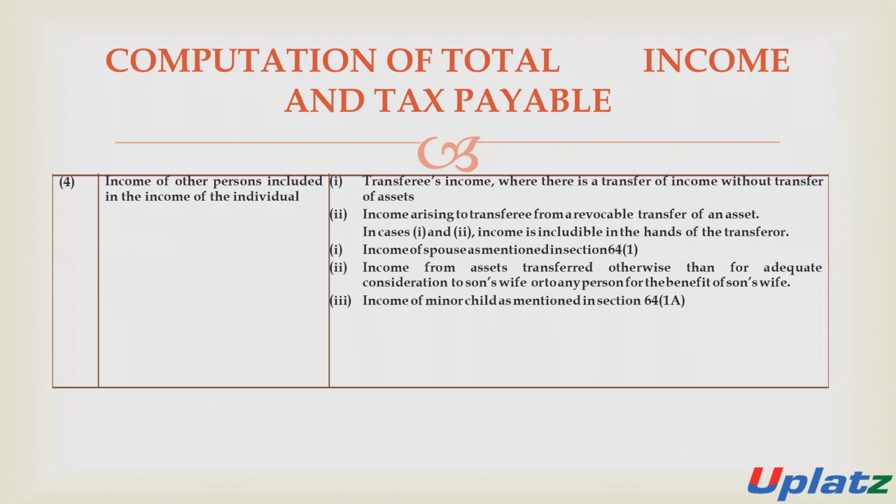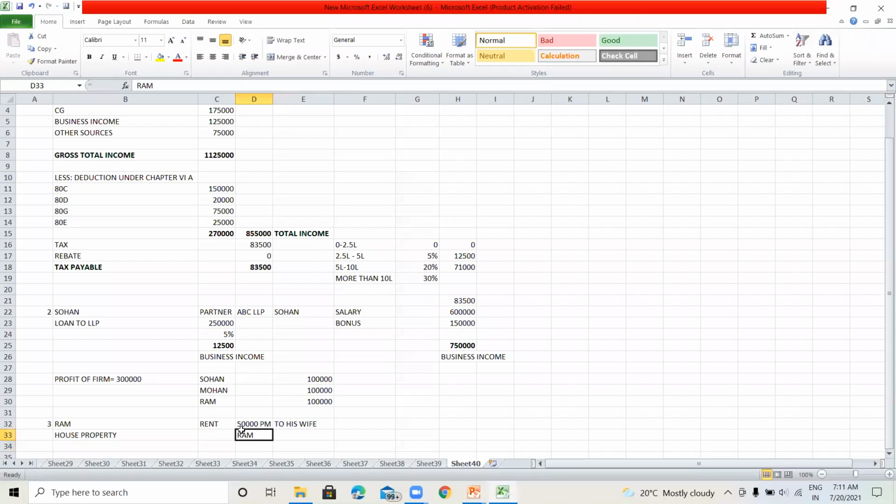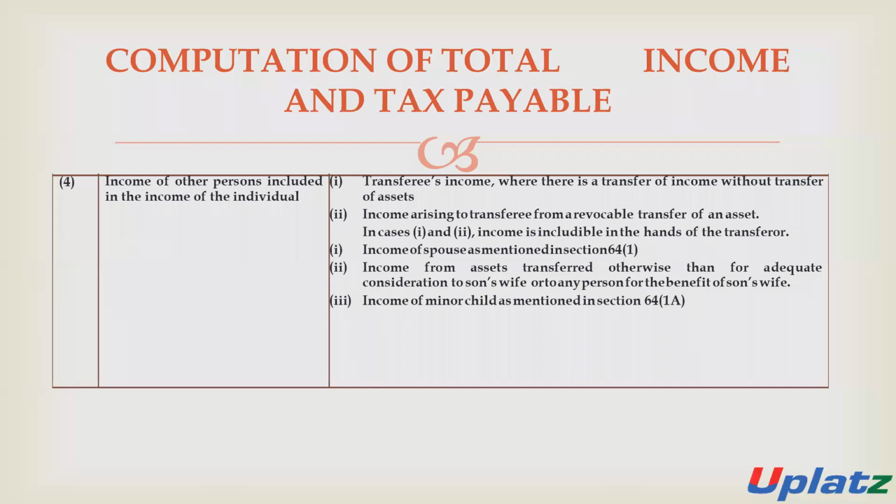In the case of point 1 and point 2, the person who transfers the income in the name of another person, such income will be taxable in the hands of the transferor. As per the example, it will be taxable in the hands of Ram, not in the hands of his wife.